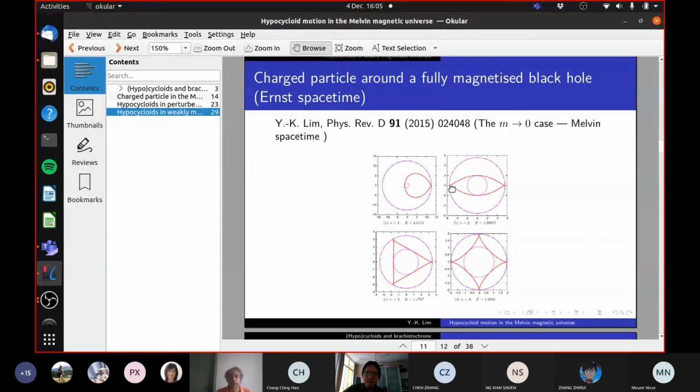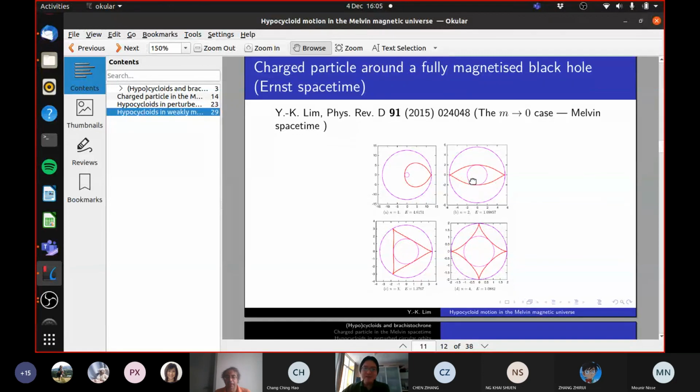Well, I was thinking, if you make the charge 0 here, would it collapse to the straight line? Yes, it will. Oh, that's what you meant. For me that looks like an eye, right? Like a human eye. Yeah, it does look like a human eye.